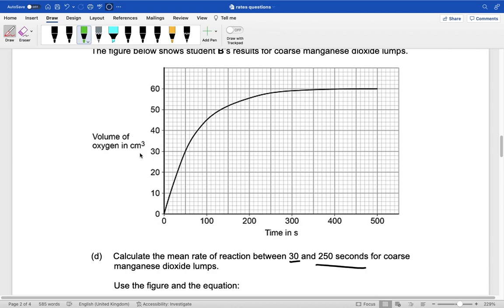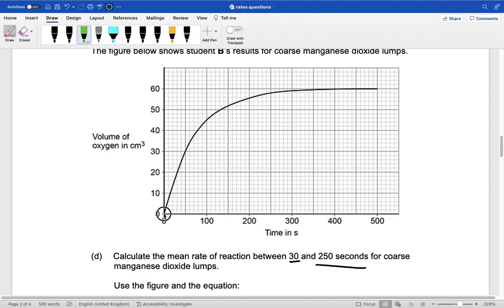If we increase the surface area, then we're going to get a faster rate of reaction. But because we've got the same mass and the same volume of hydrogen peroxide, we're going to end up at the same end point. We're going to end up producing the same amount of oxygen in total. We're just going to get there faster.